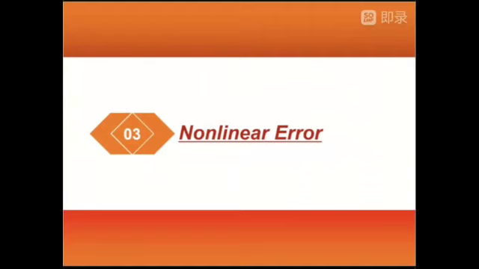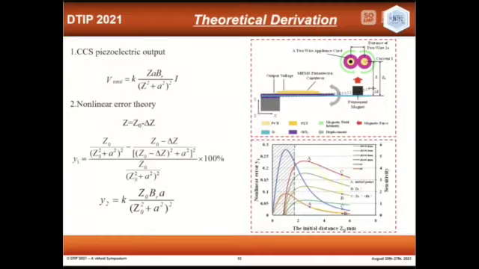Next, Section 3, Nonlinear error. It can be found that the output voltage increases linearly with the current. However, the cantilever will vibrate when the wire is energized.